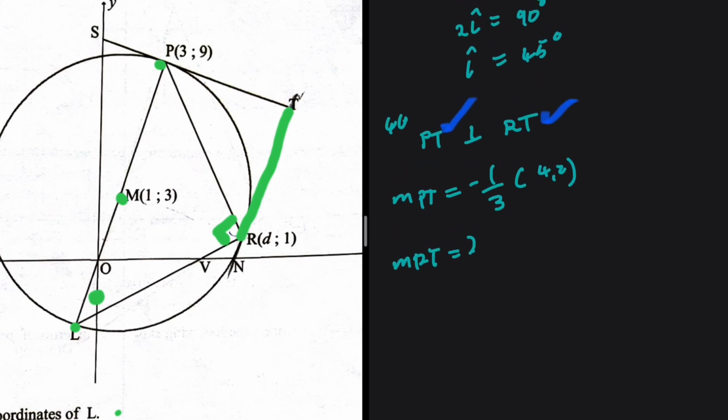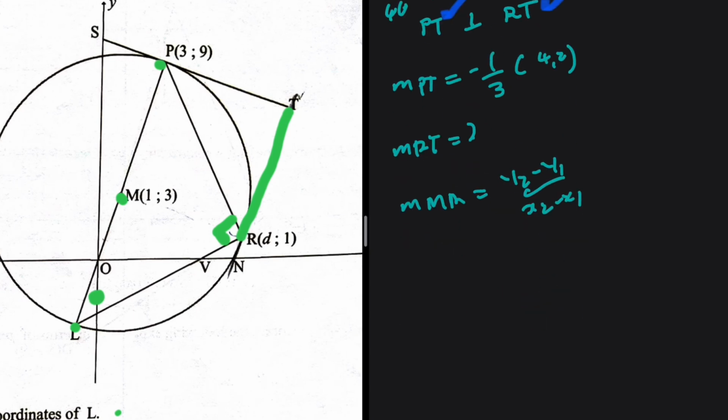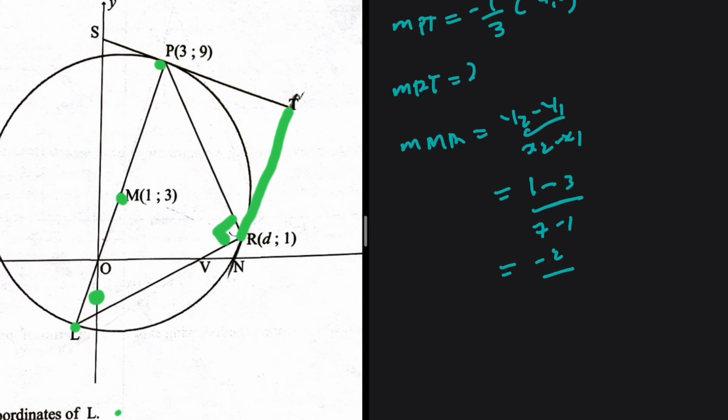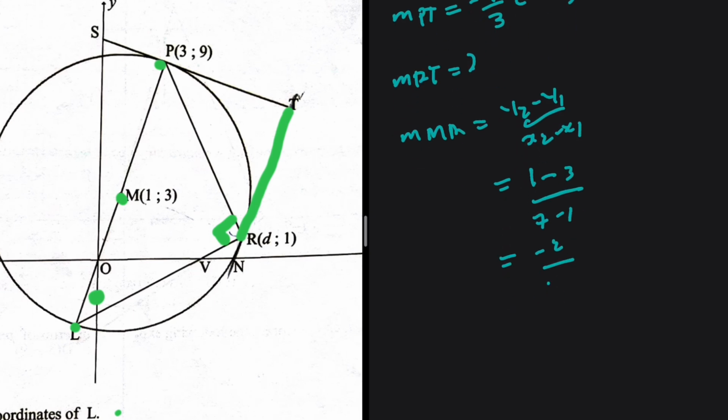So the gradient of MR is equal to y2 minus y1 divided by x2 minus x1. What is y2? Let's take the coordinates of R. Y2 is 1, y1 should be 3. And then the coordinate of D is 7, so we have 7 minus 1. So this is minus 2 divided by 6, which is equal to minus 1 over 3.